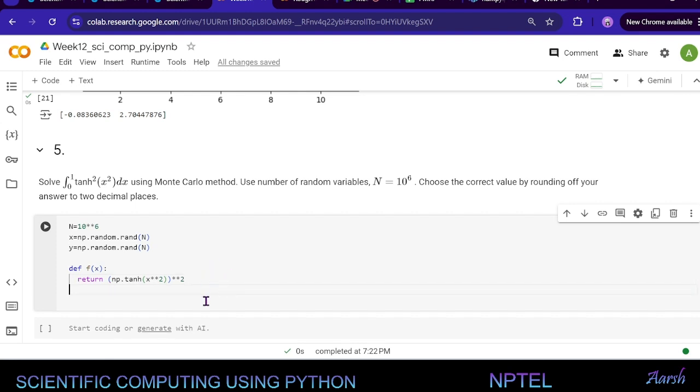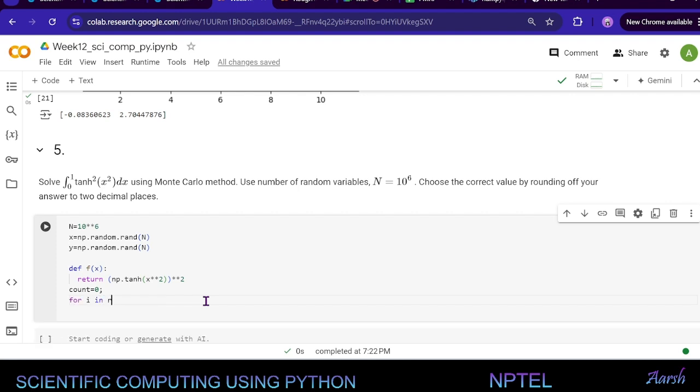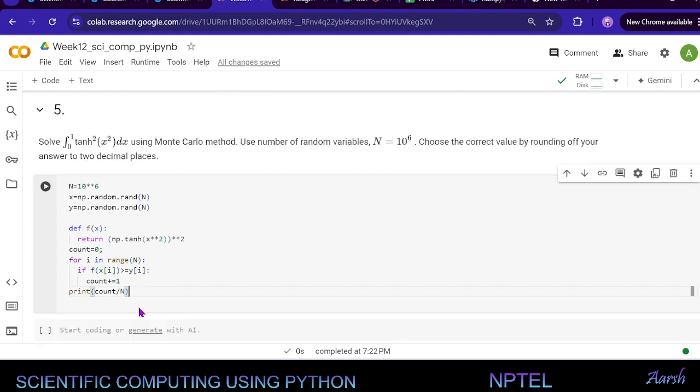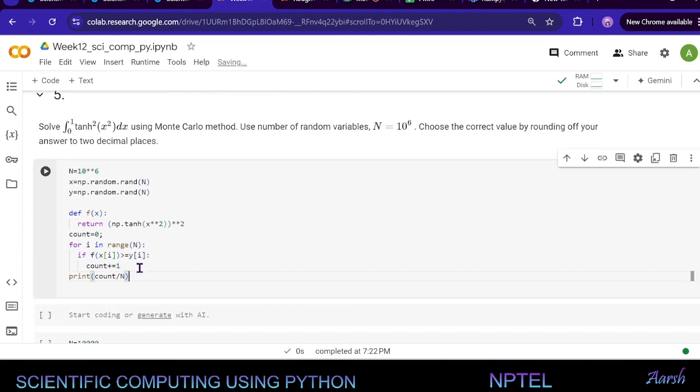Okay, and then we want to count how many are inside it. So we start count from 0, and then, let's do it the simple way, for i in range n. If f of x of i is greater than y, that was the condition, right? Then it is inside the integral, so increase the count. Otherwise, don't increase the count.